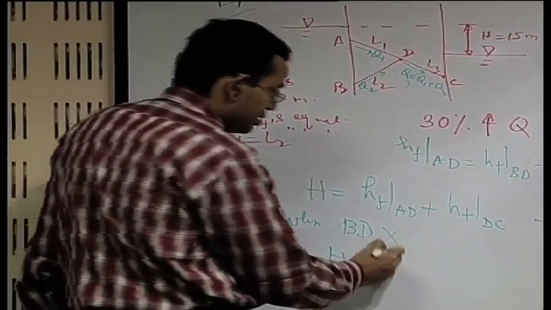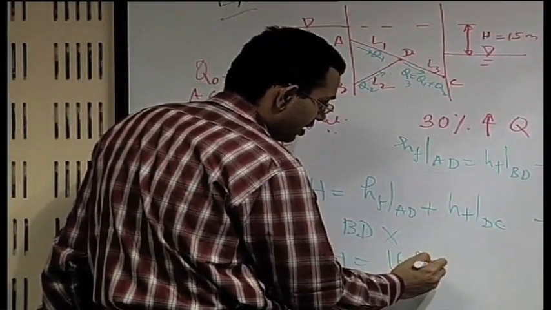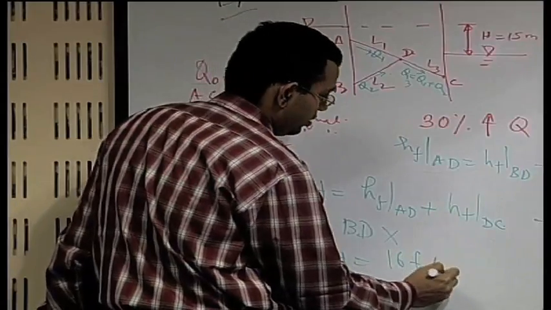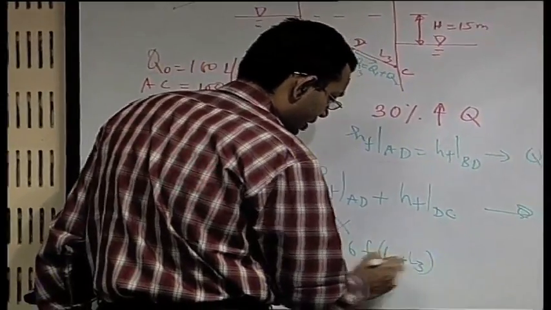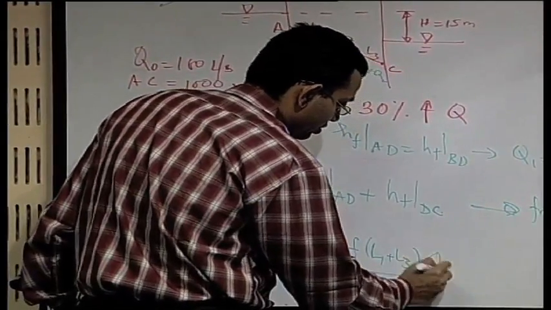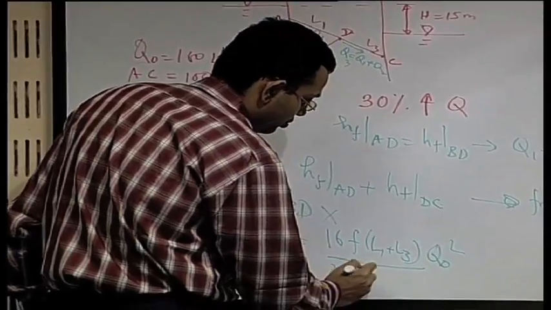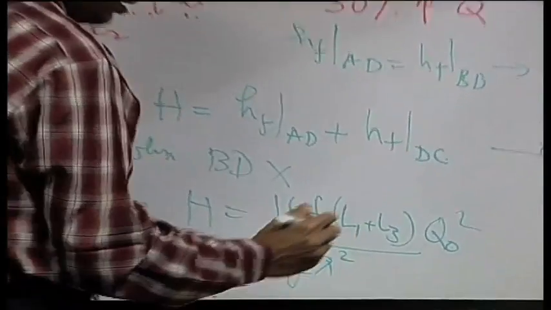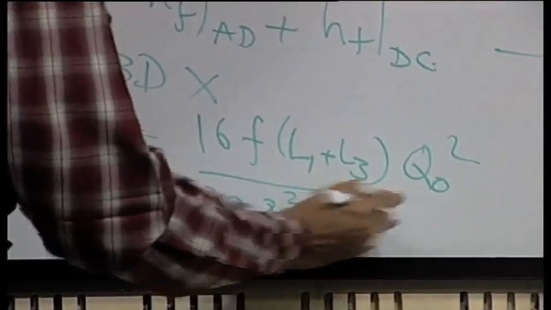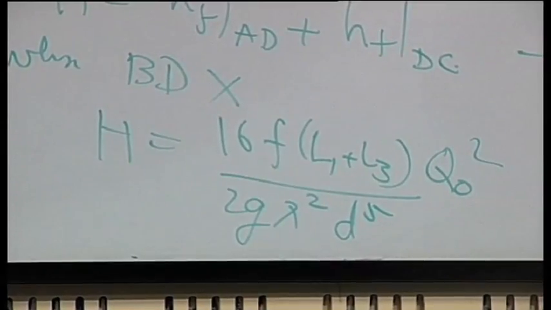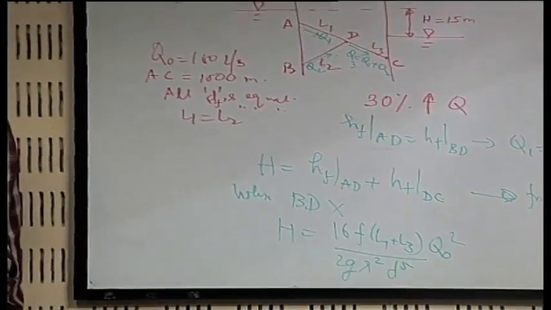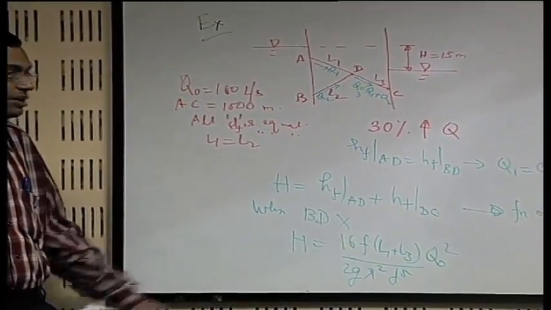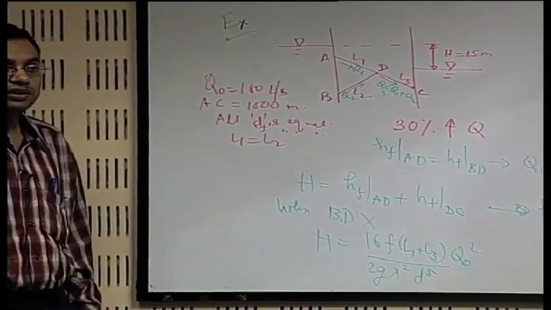So, 16 F into L1 plus L3 into Q0 square by 2G pi square into d to the power 5. It is given that there is a 30% enhancement in Q, that means Q3 by Q0 is 1.3. So, from that you can find out the missing length.